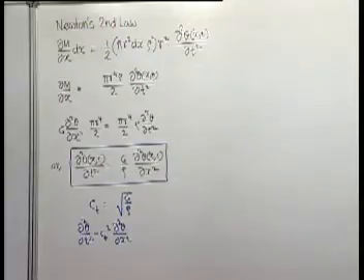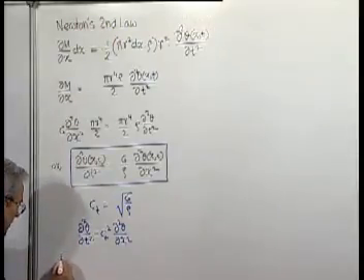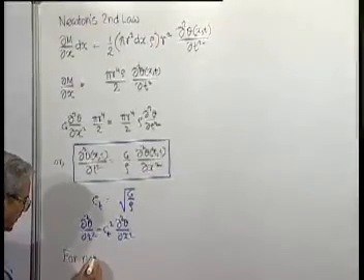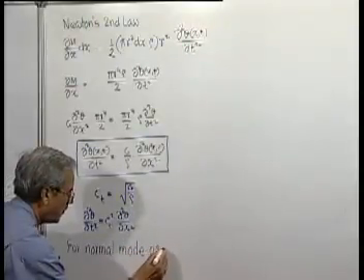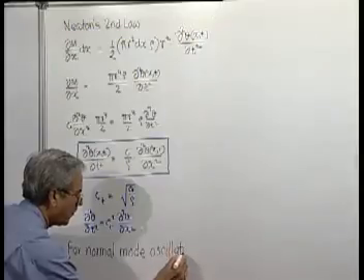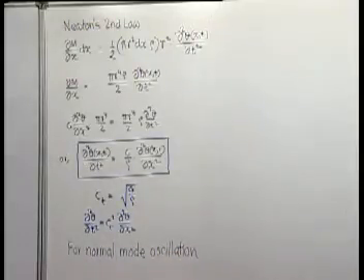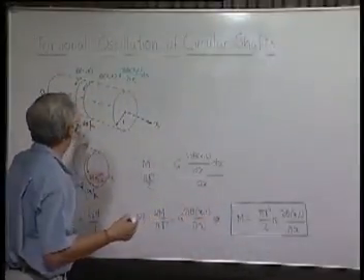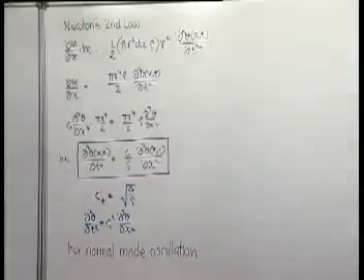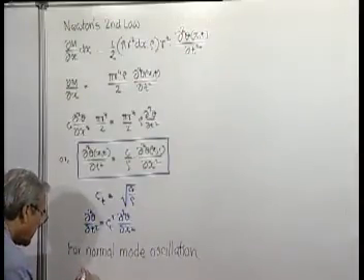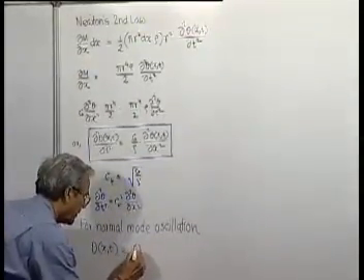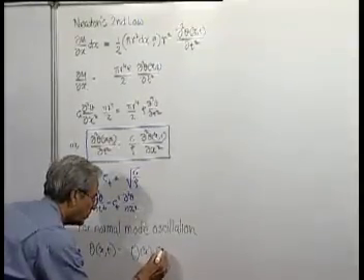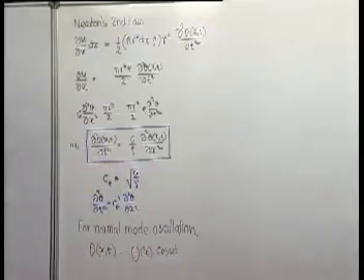Now since the form of the equation is exactly the same as the previous one, for normal mode oscillation let us consider all the elements will execute harmonic oscillation of the same frequency, and therefore theta x t can be written as a product, a function of x only into a harmonic function of time. It can be cosine omega t or sine omega t.